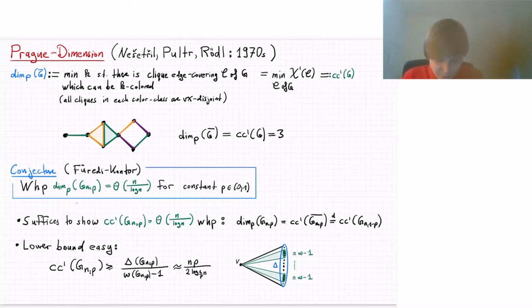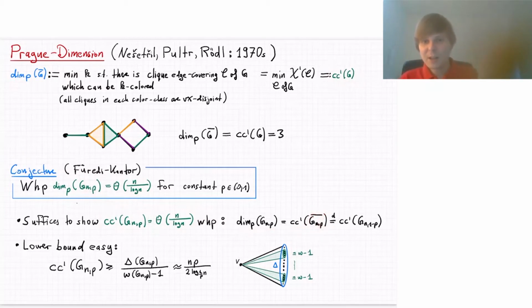And so using this notation of the clique covering index means that to prove this conjecture, it suffices to show that the clique covering index of G(n,p) is of order n over log n with high probability. And the reason is that, as we saw up here, the Prague dimension I defined with respect to the complement of G. So the Prague dimension of G(n,p) corresponds to the clique covering index of the complement of G(n,p), but the complement of G(n,p) is very well behaved, right?